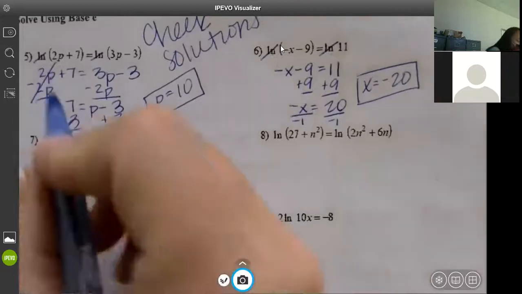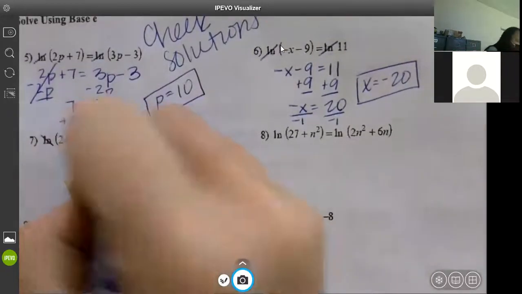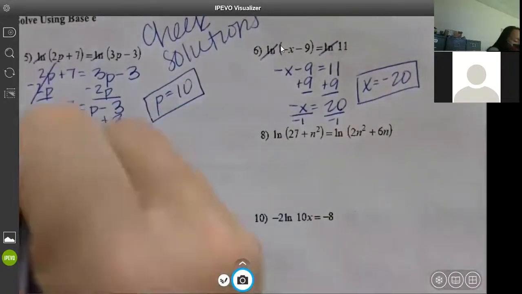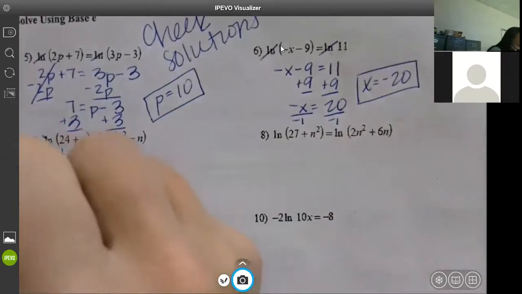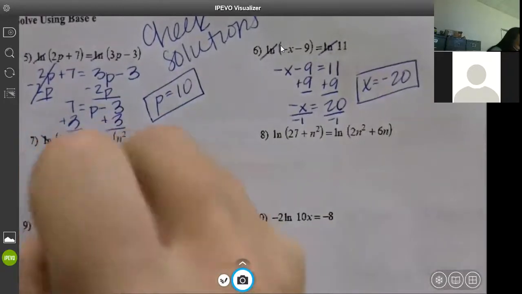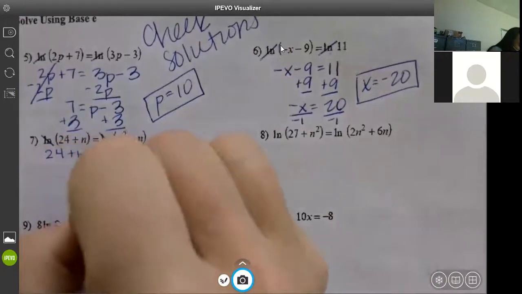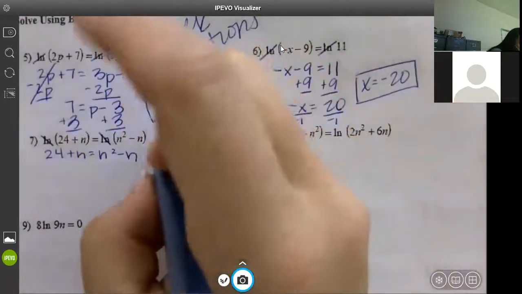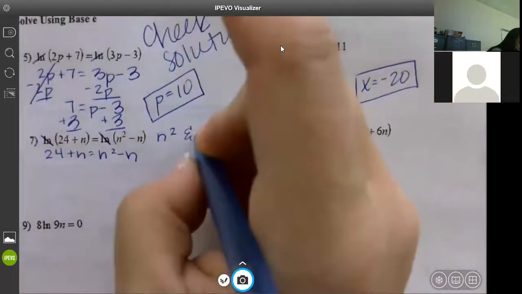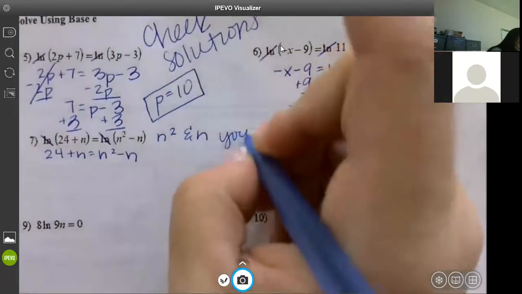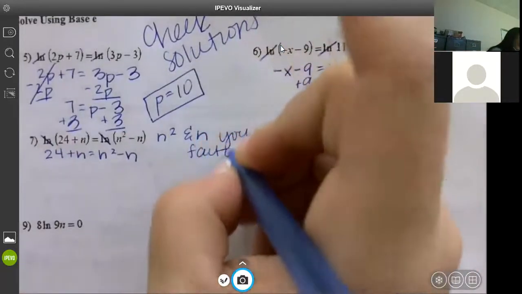Same thing on the next one. 1 ln on one side, 1 on the other. We cancel it out. We're solving 24 plus n equals n squared minus n. When you have n squared and n, you have to factor.